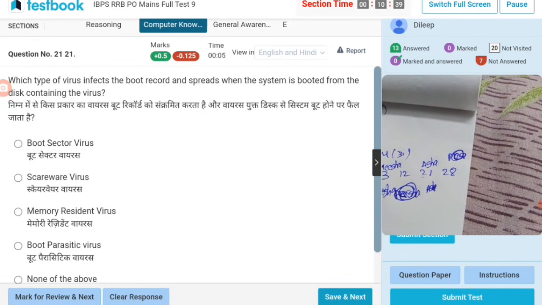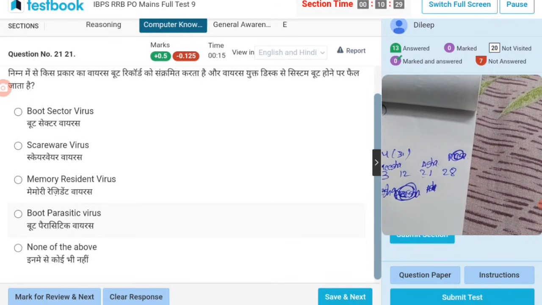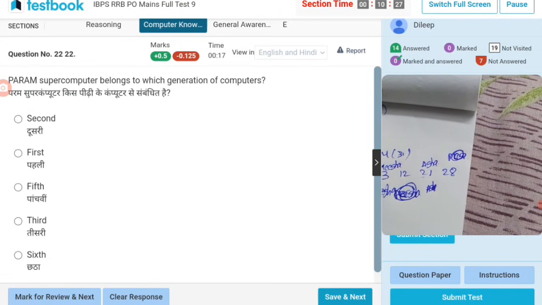So which type of virus infects boot record and spreads when the system is booted from the disk containing the virus? Boot sector virus, I think.